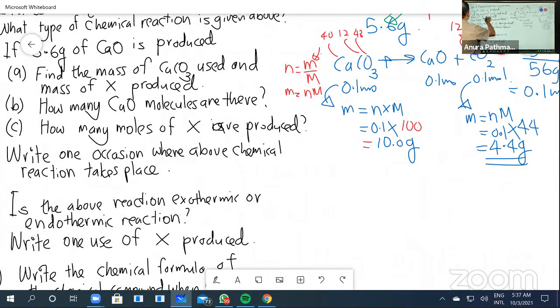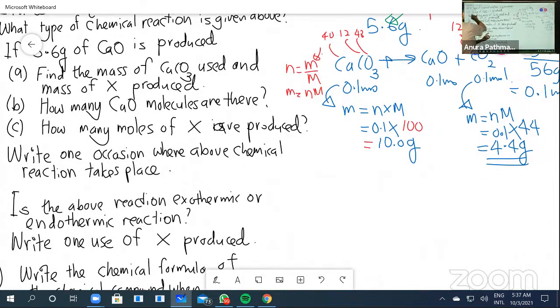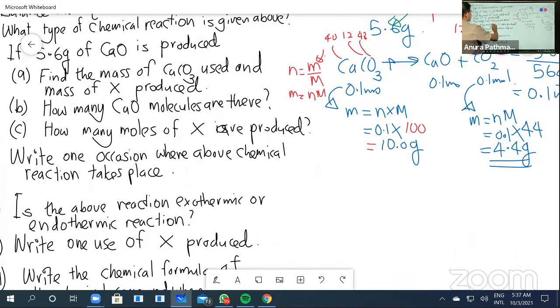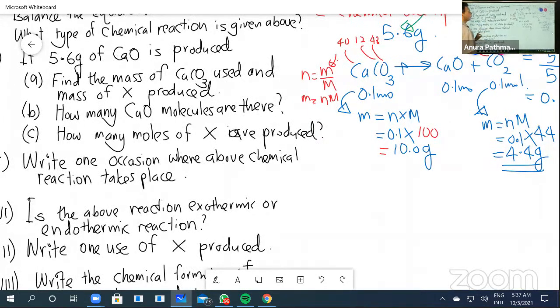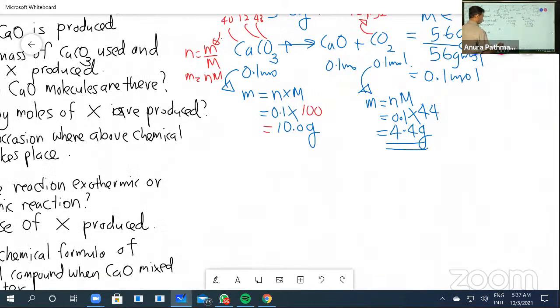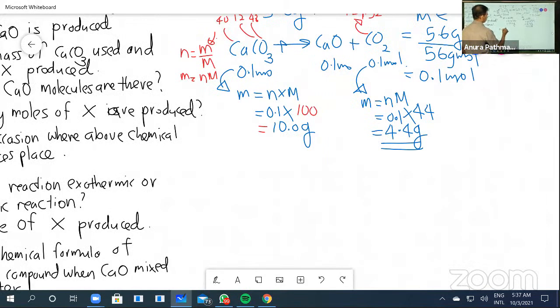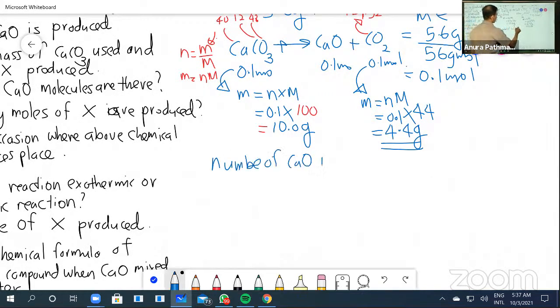That means the 5.6 gram of calcium oxide used, in 5.6 gram the number of calcium oxide molecules.